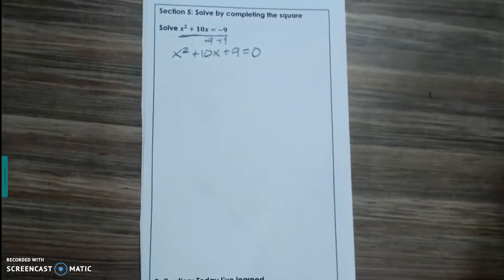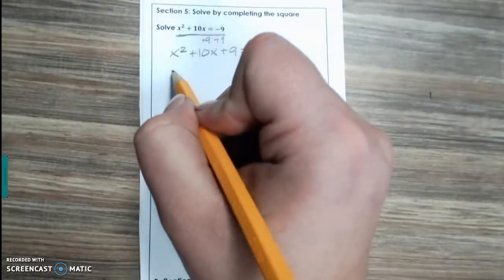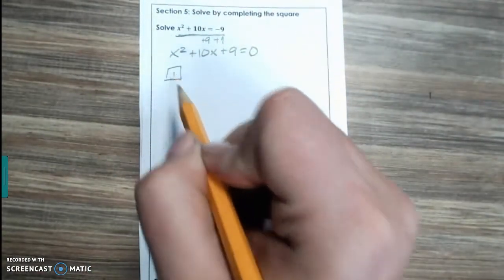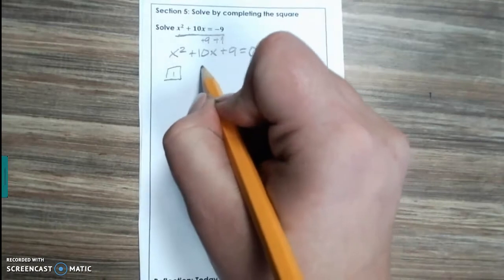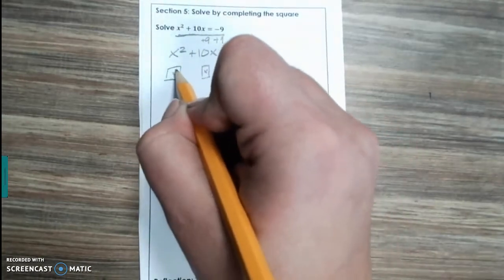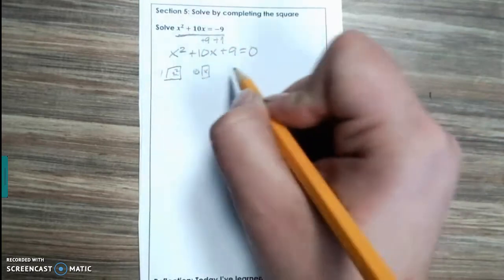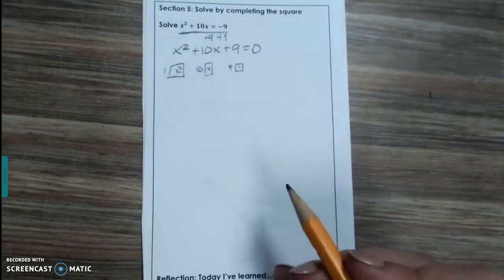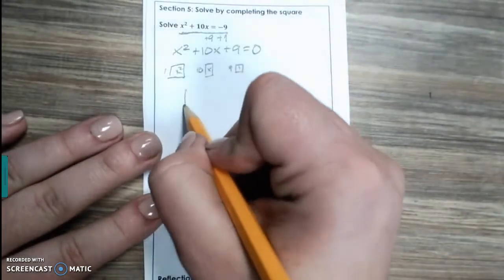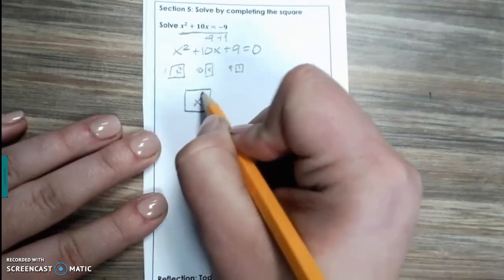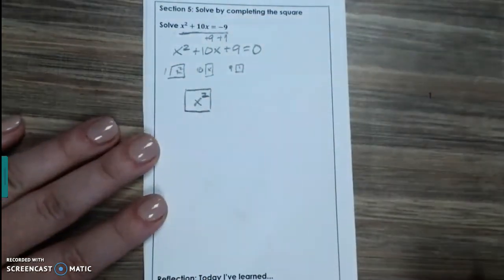And basically, I could draw this using the area model. So I would have one x squared tile, 10 x tiles, and 9 individual integer tiles. So let's see. I start with my x squared tile, and then I know I'm going to need to make either a square or a rectangle.